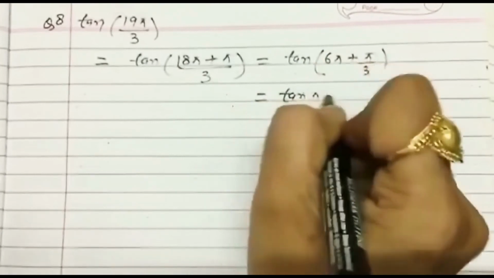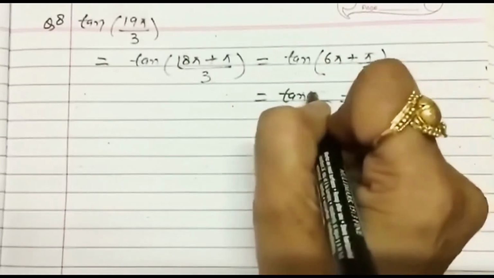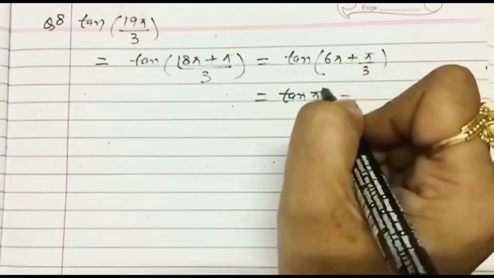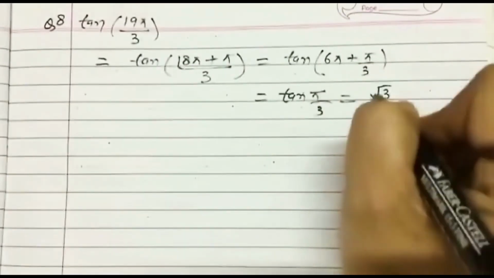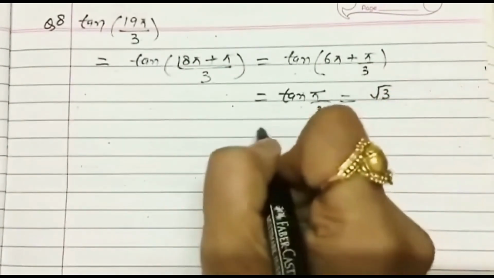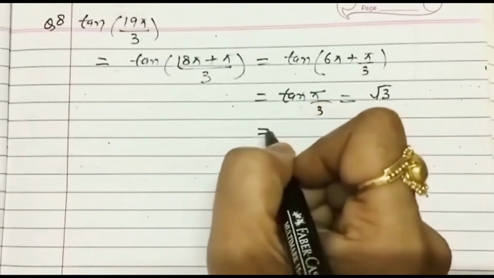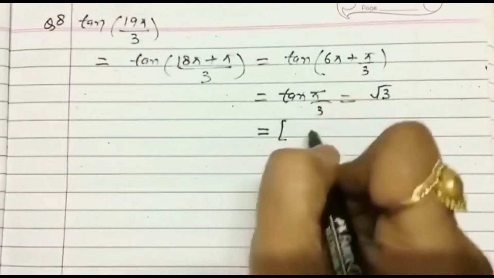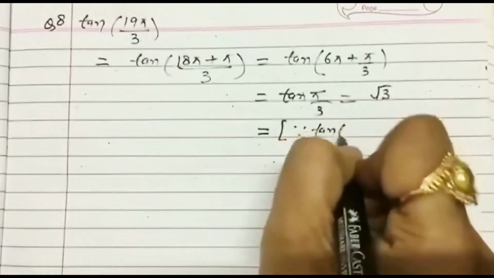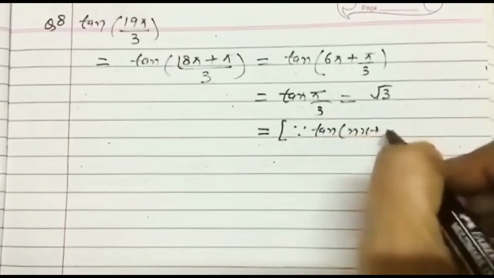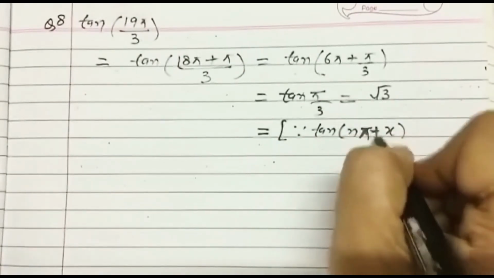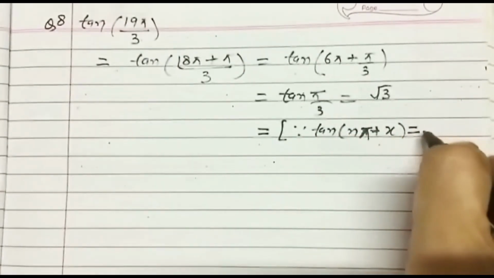Write tan pi by 3, and the value of tan pi by 3 is root 3. Now you have to write that tan of n pi plus x is equal to tan x.